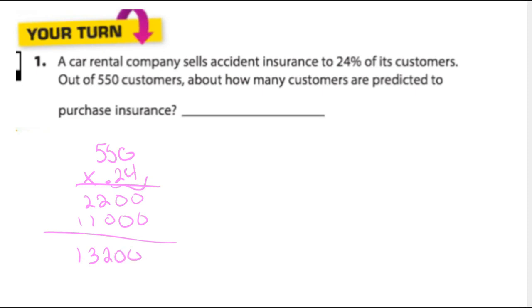I have 2 decimal points, so I move it over 2 points, and I put my decimal point, and that means if I had 550 customers, 132 of the customers would buy accident insurance.